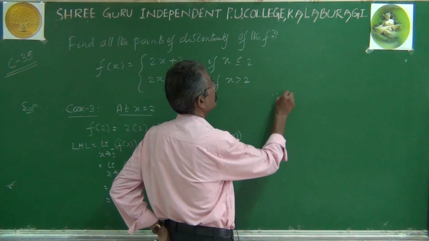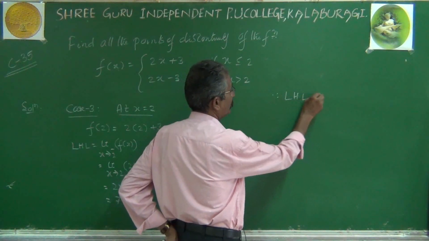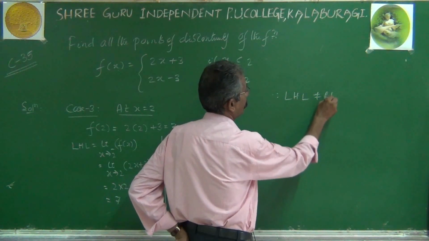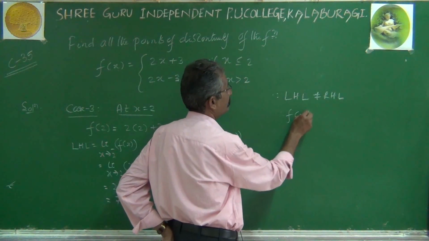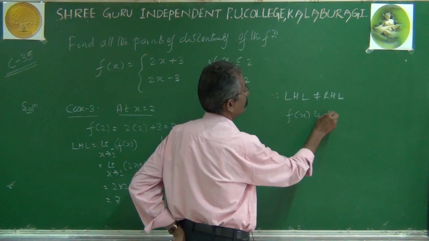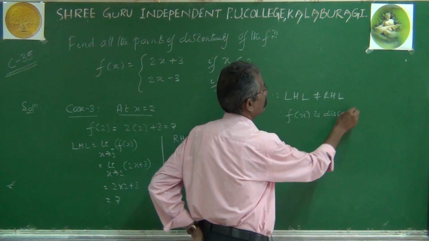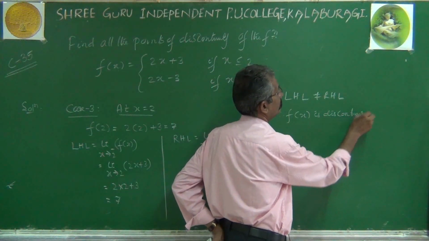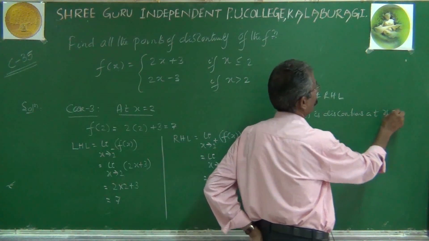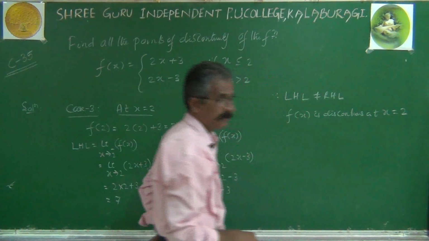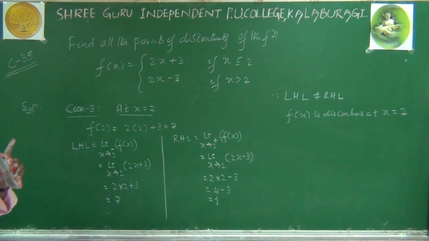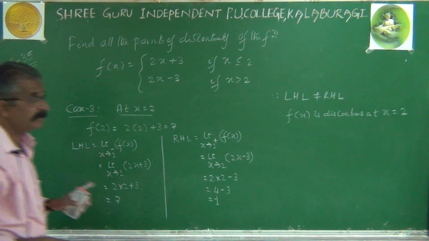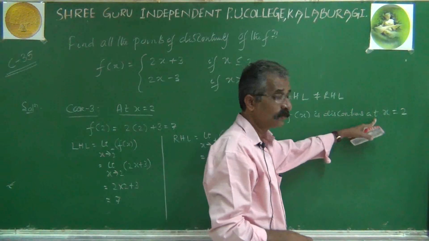Since LHL is not equal to RHL, therefore f(x) is discontinuous at x equal to 2. That means our given function has only one point of discontinuity, that is x equal to 2.